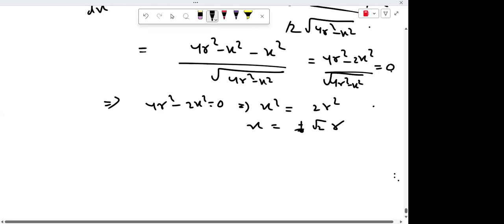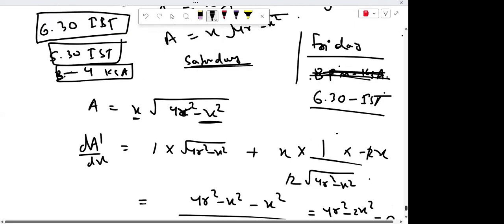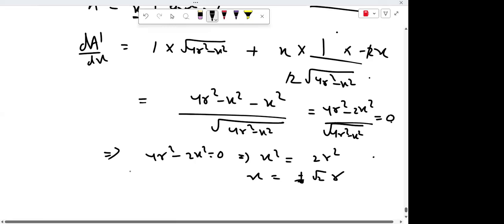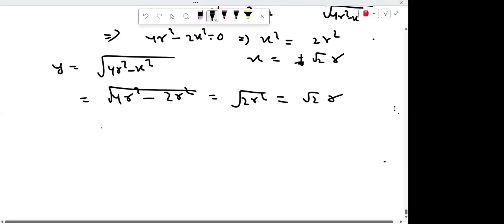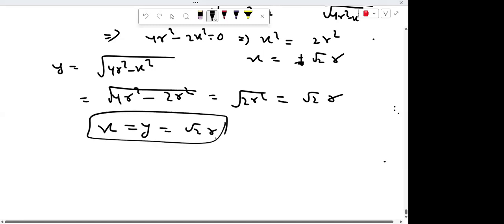If x is root 2r, you can calculate y also. Y is root of 4r square minus x square. So 4r square minus x square, which is root 2r square, 2r square root. So 2r square root, which is again root 2r. So x is equal to y is equal to root 2r. So rectangle is a square. Yes, everyone?